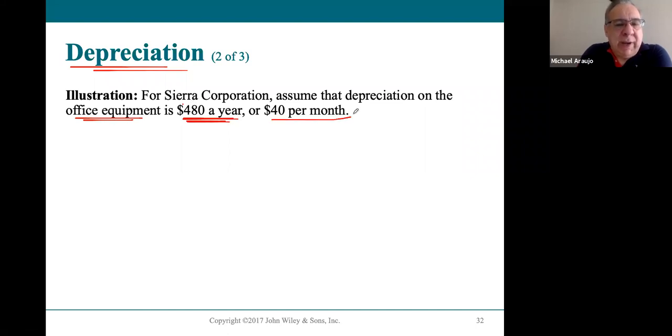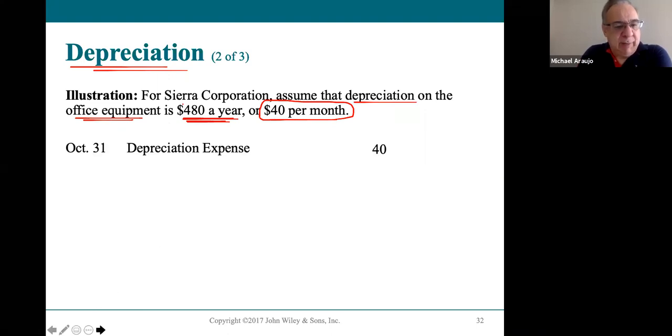Well, in this case, we're focusing on the month of October. And so $480 a year divided by 12 months would give you $40 per month. So this $40 per month would simply be the depreciation of the equipment for Sierra Corporation.